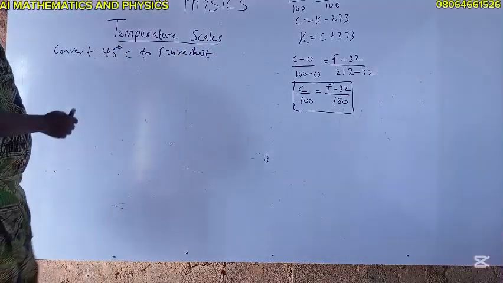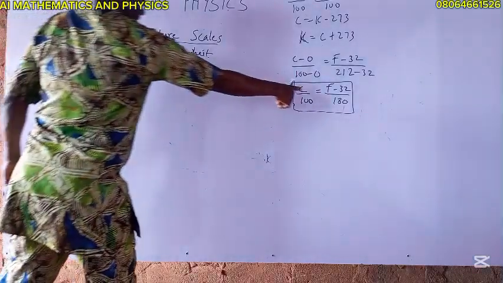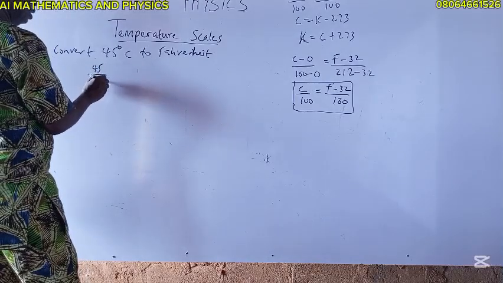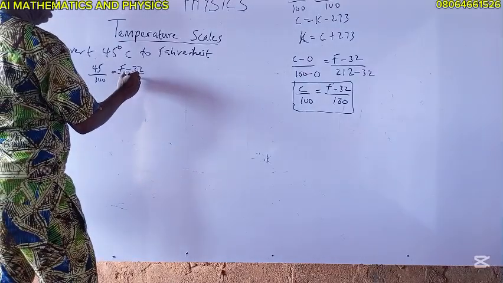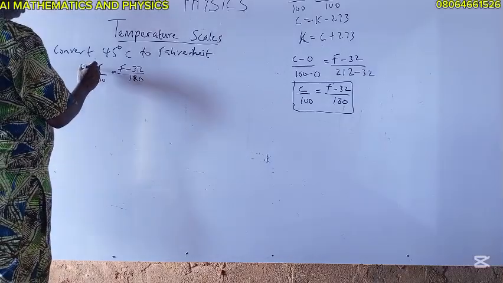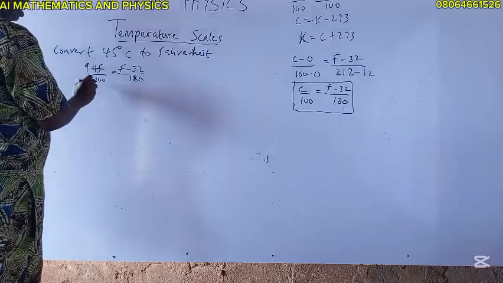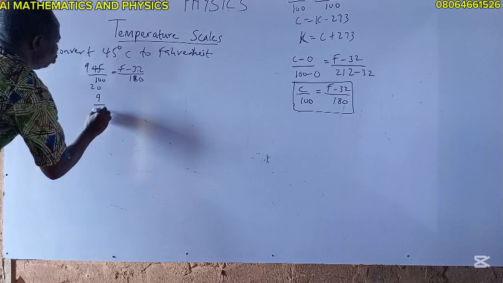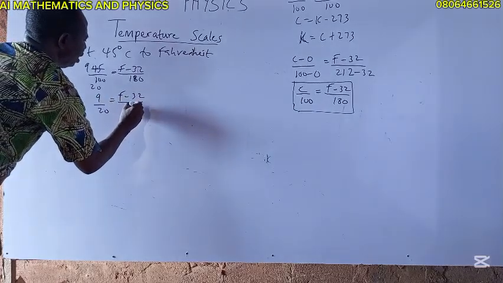So what we do is just simple. You are given Celsius, just use this formula, place it there. 45 over 100 equal to F minus 32 over 180. Then 45 here, that's 9, 5 here, that's 20. That's 9 over 20 equal to F minus 32 over 180.